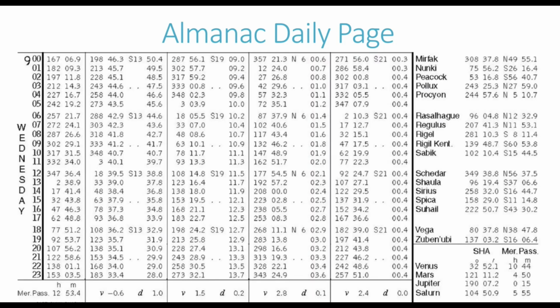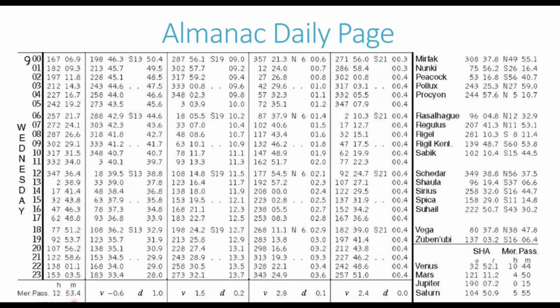Let's now go to the bottom part of the left-hand side daily page. The first column is the Aries column. At the bottom of this column, you see they have given you the meridian passage of Aries. It's given as 12 hours, 53.4 minutes.